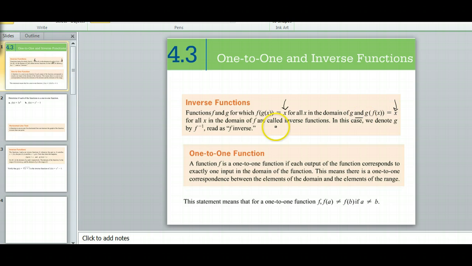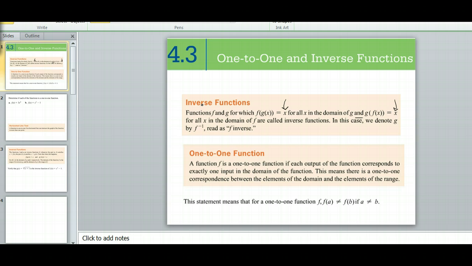If that's the case, then we call g the inverse of f, or use the notation f with a little -1 exponent, which is read f inverse.